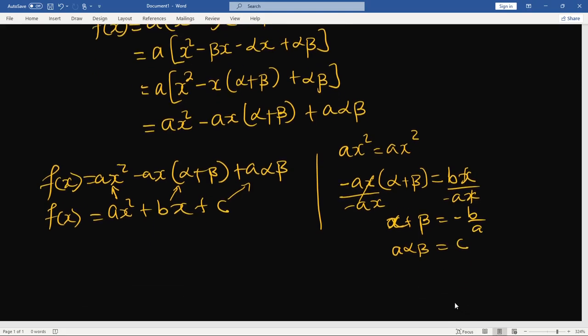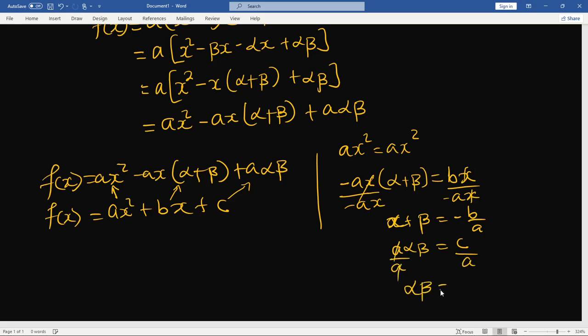Since we need the product, which is αβ, we divide by a both sides, and then we have that αβ is equal to c over a. Therefore, we've shown that the sum of the roots, α + β, is equal to -b/a, and also αβ is equal to c/a.